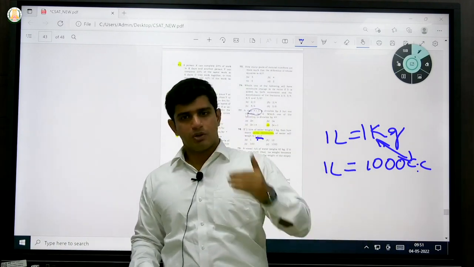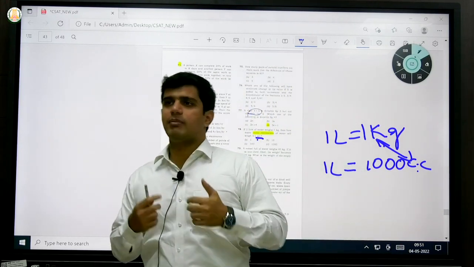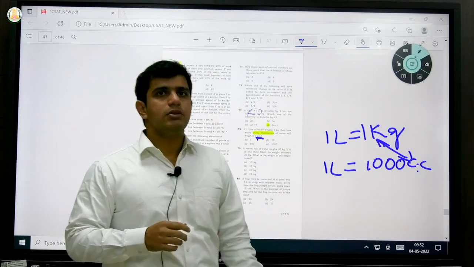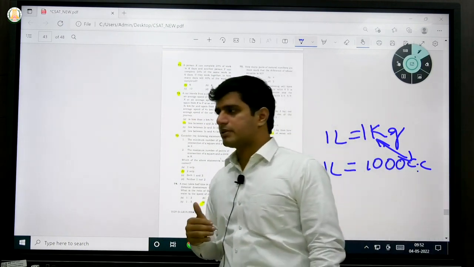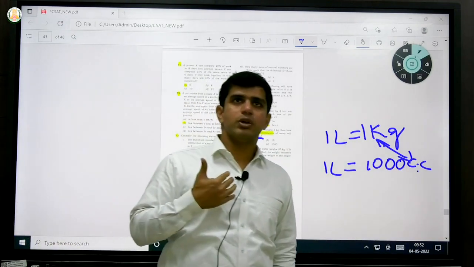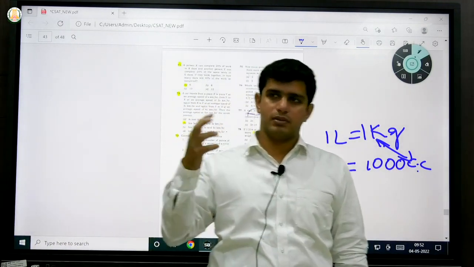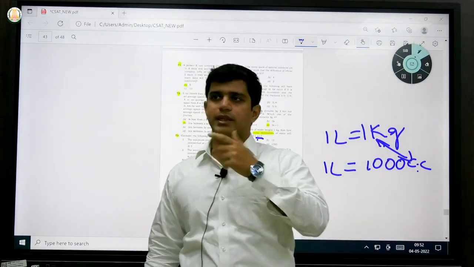I have solved them, then I have gone back, analyzed them, and with a certain level of command over those topics. So what happens while solving with the 65 to 70 question papers is, in the final paper also, let's say a person is going with 7,000 topics command, and someone is going, maybe let's say 10-20 test paper command.